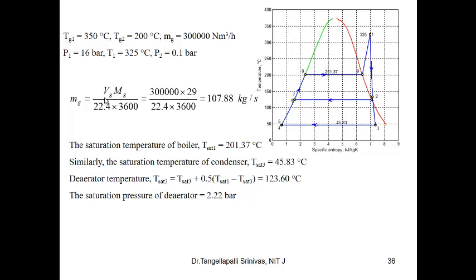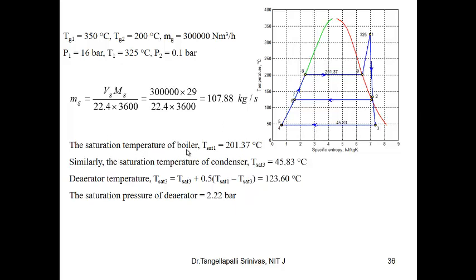The gas is given in volume. The volume is converted into mass by means of Avogadro's number, 22.4, using the equation: volume multiplied by molecular weight divided by 22.4 and 3600. The 3600 converts hours into seconds. Finally, the supply of gas is 107.88 kg per second.